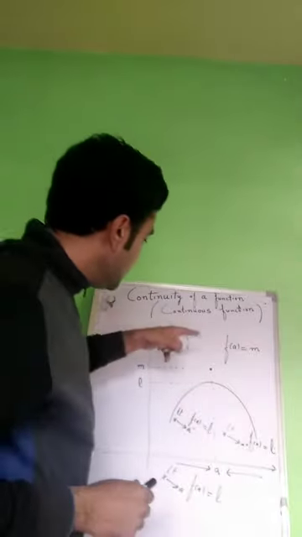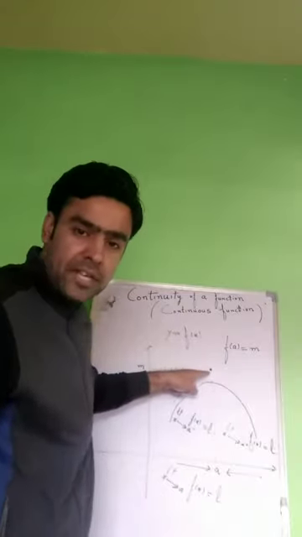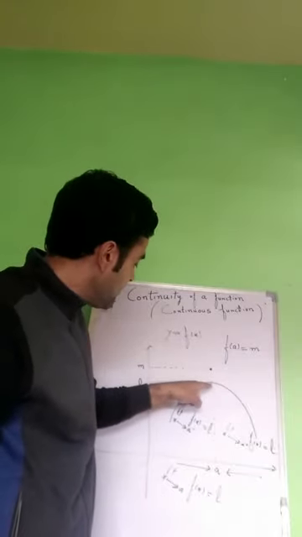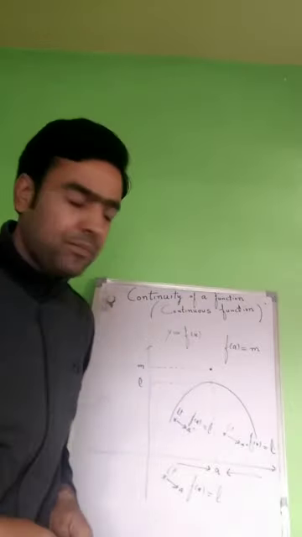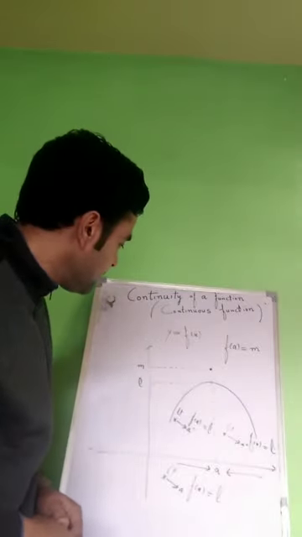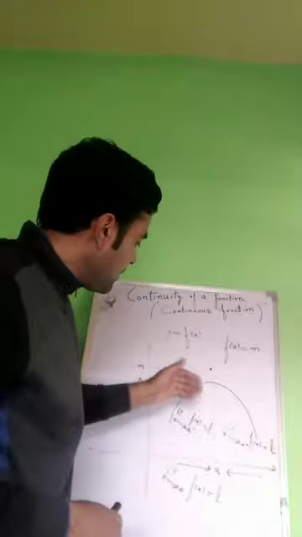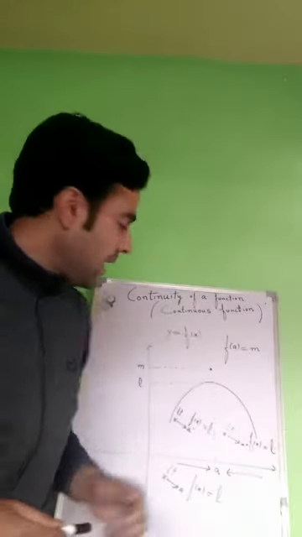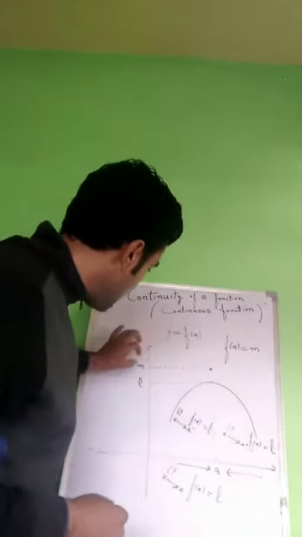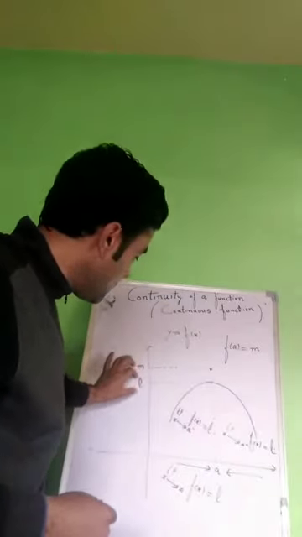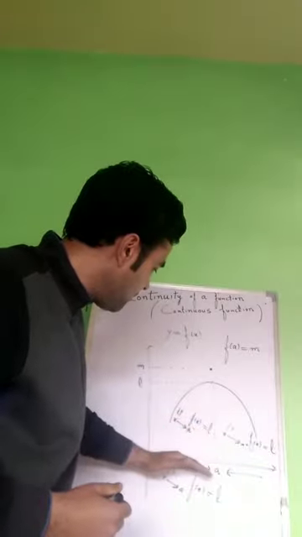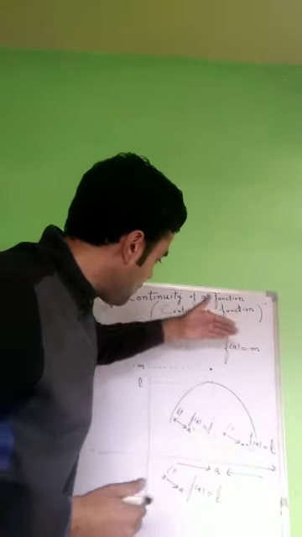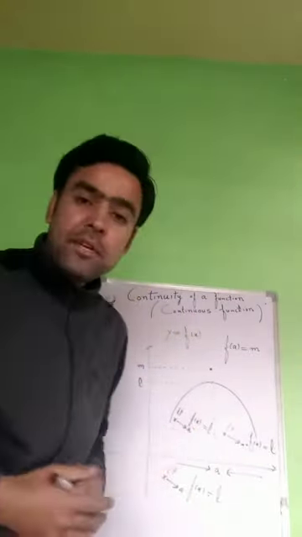If this point were not here, if it were at this position, that is in the hole, then there would not have been any hole and this m would have been equal to L. That means the limiting value and the value of the function would have been equal.